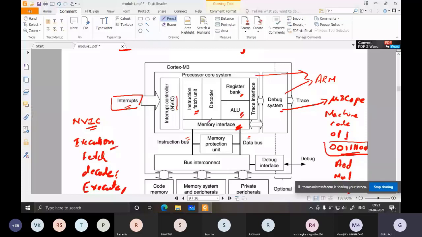You can see individually what is the content of each register, what is the fetch unit value, what is the decoder unit value, what is this NVIC value, what it is doing. Everything is visible using this debug system, which is nothing but a microscope inside the processor core.